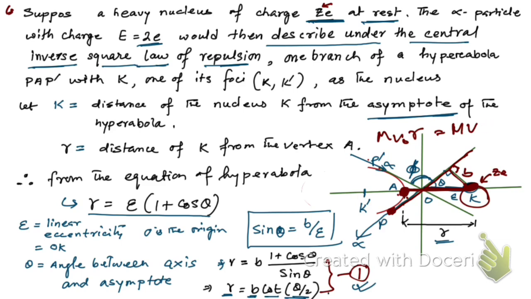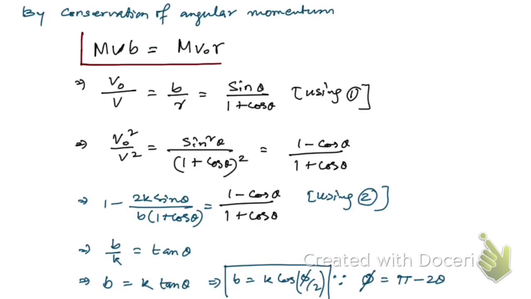Now we take this distance b, and when the alpha particle is at A, we have to take the distance to this tangent, to this asymptote. Hope you have understood this. So by the conservation of angular momentum, we have got this relation.